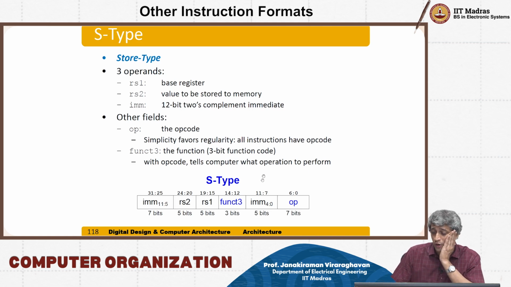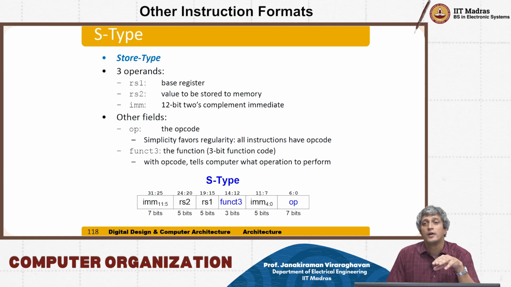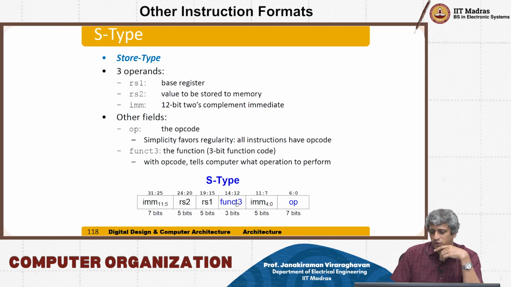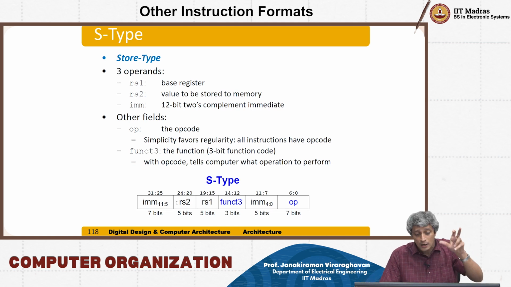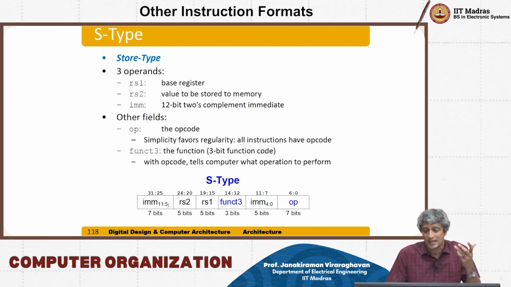Therefore bits 7 to 11, which were used for the destination register, are now available for you to encode immediate data. So immediate 4 to 0, the least 5 bits of the immediate data, are encoded here. Then function 3 again tells you what to do. The 2 source registers are encoded in bits 15 to 19 and 20 to 24 respectively, and the higher 11 minus 5, that is 7 bits, are encoded in bits 25 to 31.